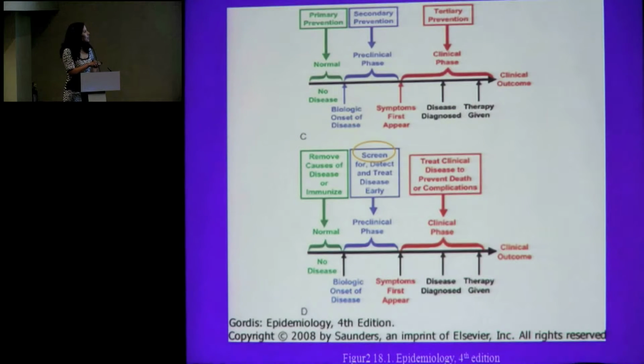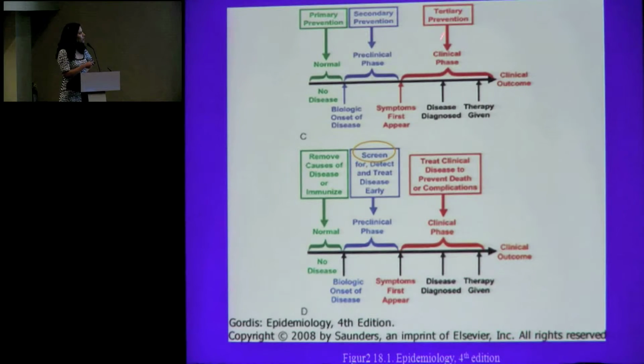I want to highlight in this diagram the three kinds of prevention that we usually work with in epidemiology and clinical sciences. You have the natural course of disease, where you have no disease, this is normal people, a preclinical phase, and then you have a clinical phase that leads to a particular health outcome. When we talk about primary prevention, we're talking about interventions where we want to remove causes of disease in normal individuals so we can prevent the occurrence of disease.